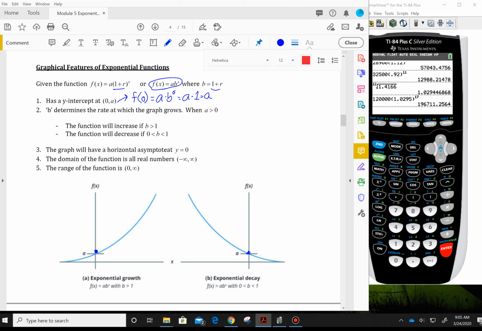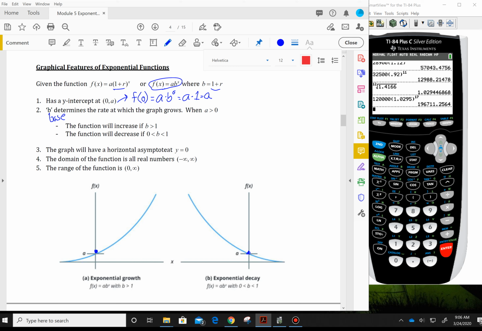The value of b, which we refer to as the base, determines the rate at which the graph grows. If the base b is greater than 1, then we have an exponential growth curve. If the value of the base b is between 0 and 1, then we have a decaying or decreasing exponential curve.